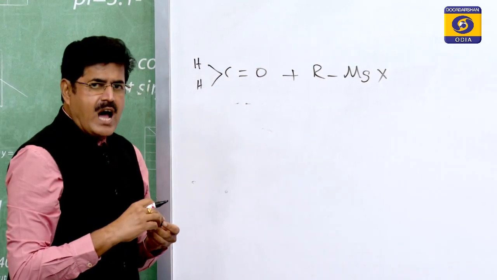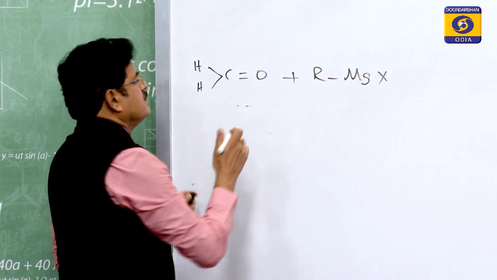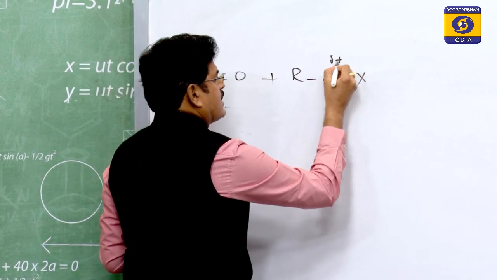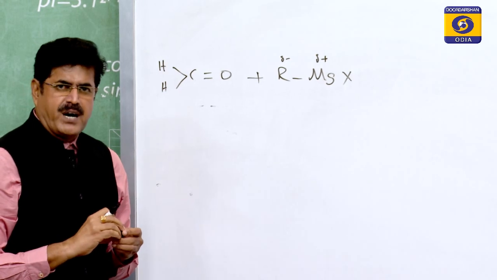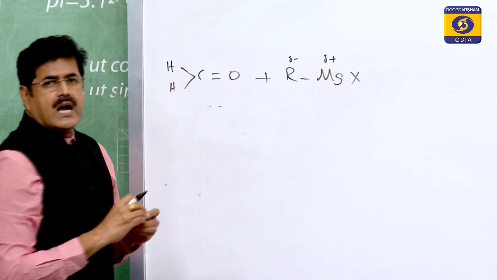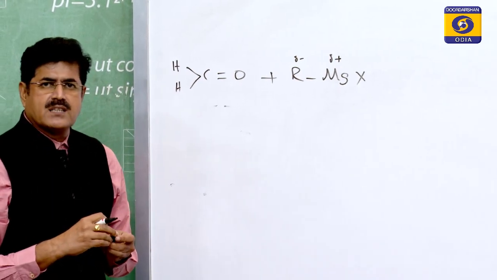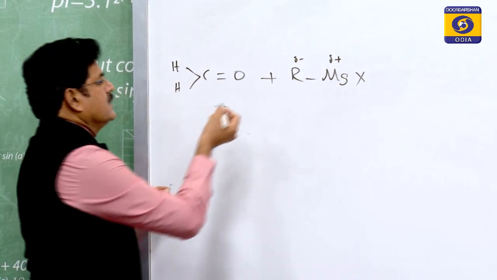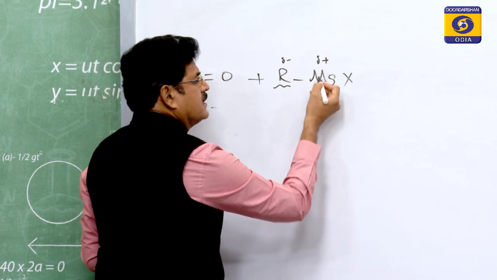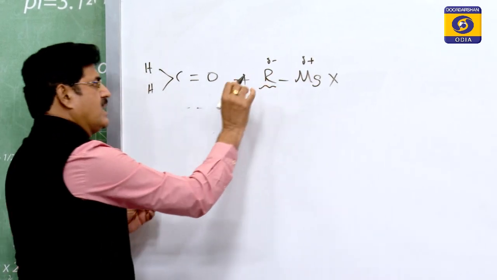X is halogen, R is alkyl group. Delta plus, delta minus: magnesium is electropositive, so fractional positive charge. Carbon is electronegative, so fractional negative charge. The bond is highly polar. This is the nucleophilic part, and this is the Lewis acid.